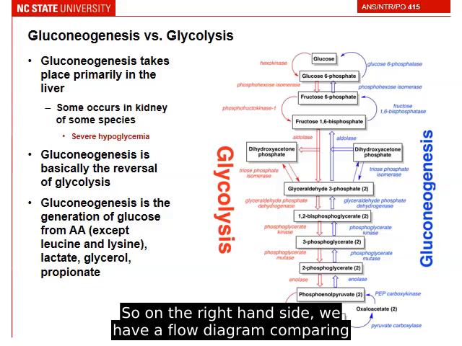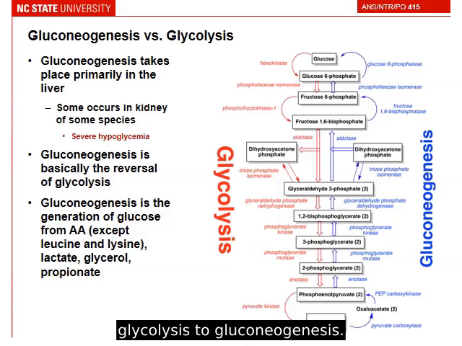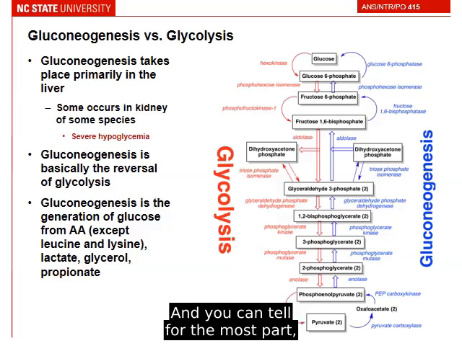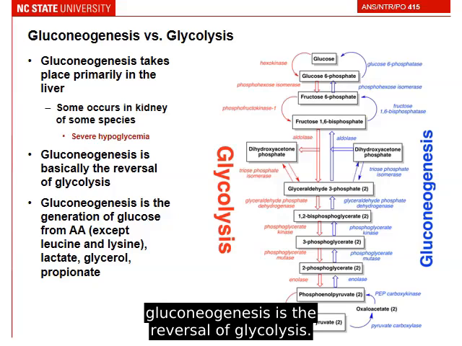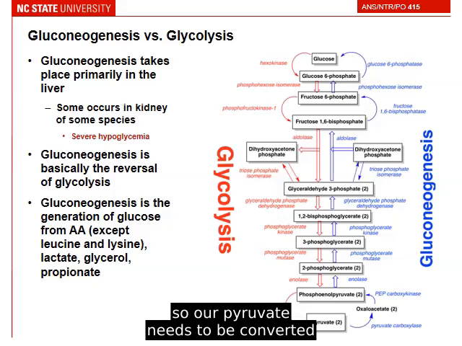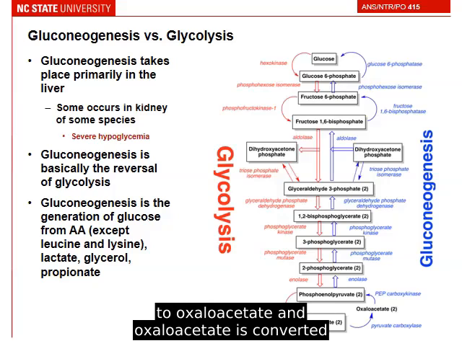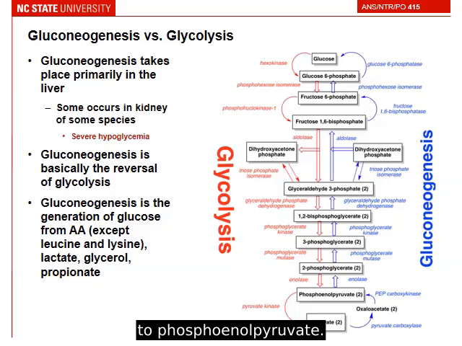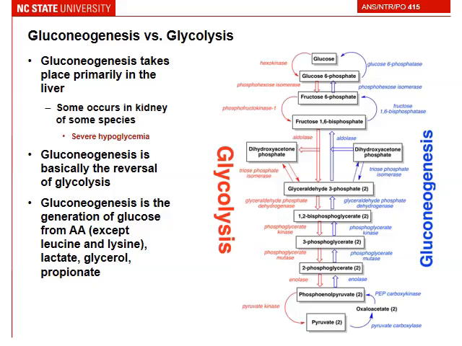On the right-hand side, we have a flow diagram comparing glycolysis to gluconeogenesis, and you can tell for the most part gluconeogenesis is the reversal of glycolysis. There are some things down here at the bottom. Our pyruvate needs to be converted to oxaloacetate, and oxaloacetate is converted to phosphoenolpyruvate.